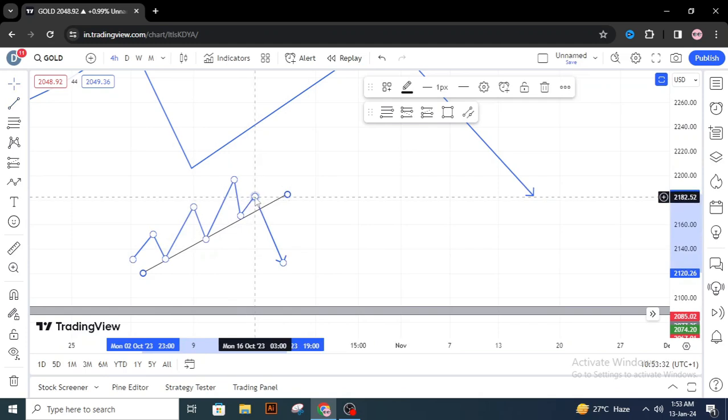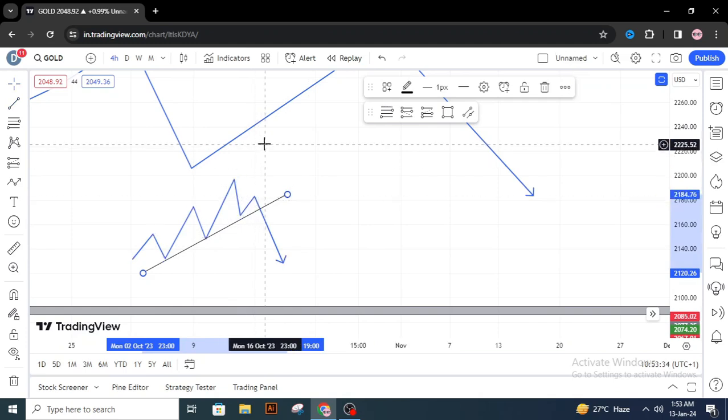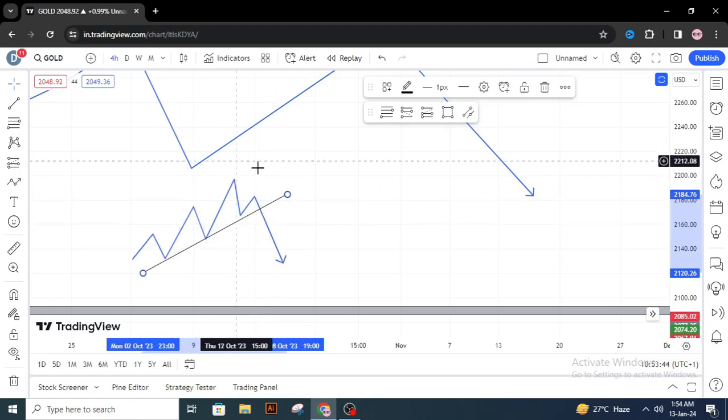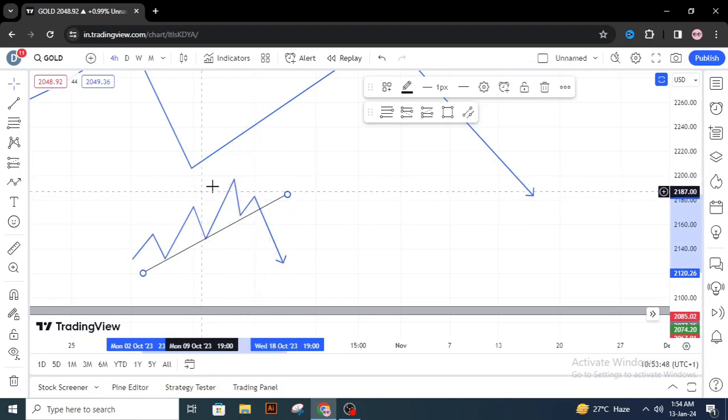Don't just take it here, because the price may continue shooting up. So wait for it to come down and break this trend line. This will confirm that the price is definitely coming down. Although I have other indicators that I use to see if the market is truly exhausted here or is struggling to push forward. That gives me more confidence to do this.